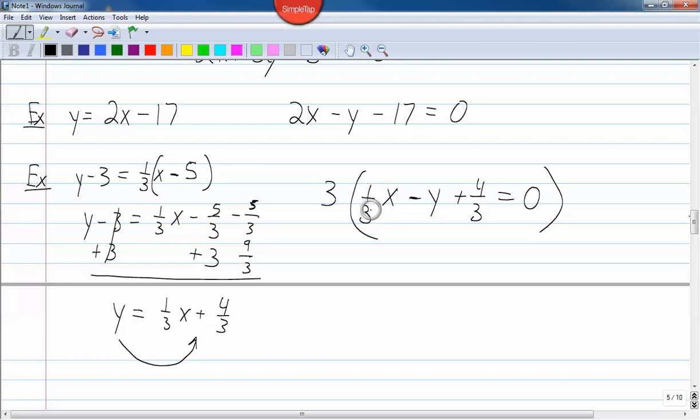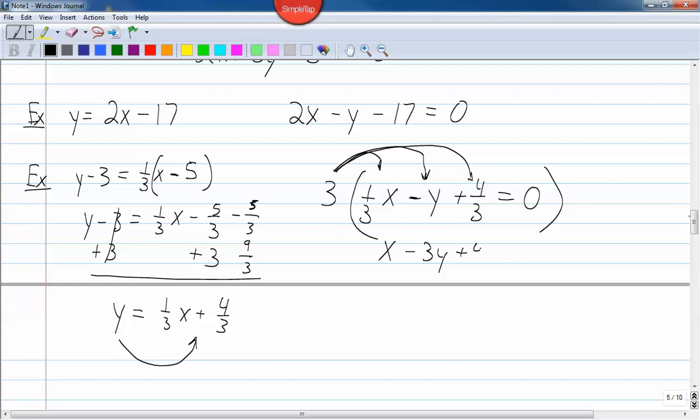3 times 1/3 is just 1, right? 3 divided by 3 is 1. So that's 1x. 3 times negative y, negative 3y. 3 times 4/3 is 12/3 or 4.